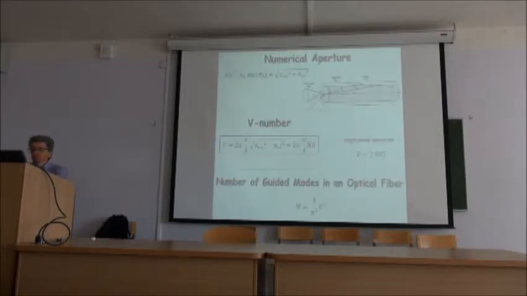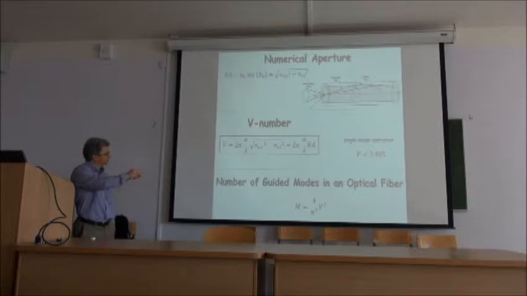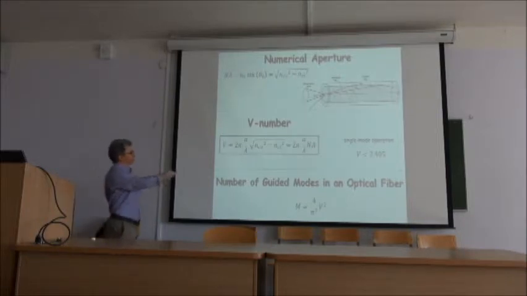Professor, I have a question. Yesterday we discussed normalized frequency, if you remember. So, V number and normalized frequency are different numbers? V number is normalized frequency. We had the same V number defined on the slab waveguide. It's very, very similar. Here we didn't have this pi there.